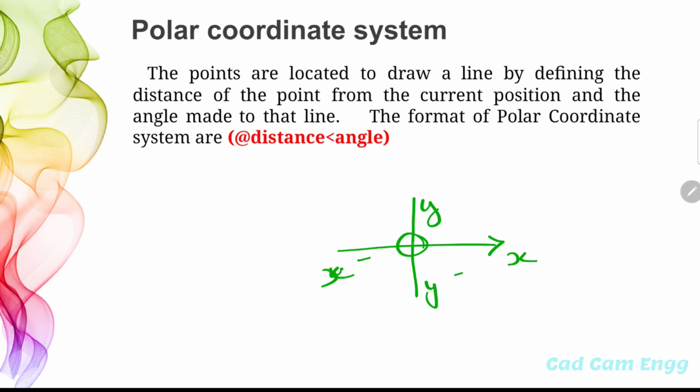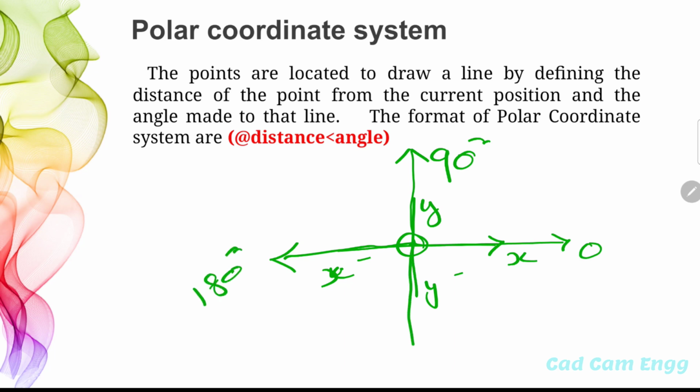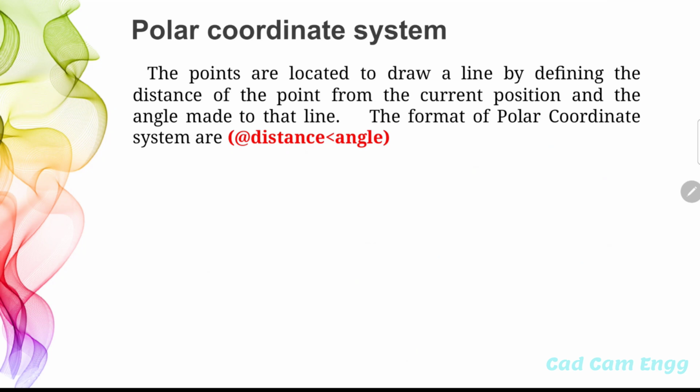It means in the x-axis this direction is 0 degree, in the y-axis this direction is 90 degree, x minus this direction is 180 degree, and downwards, y minus, is 270 degree. So in this polar method we use the angle to find out the points. Okay, so this is called the polar coordinate system.